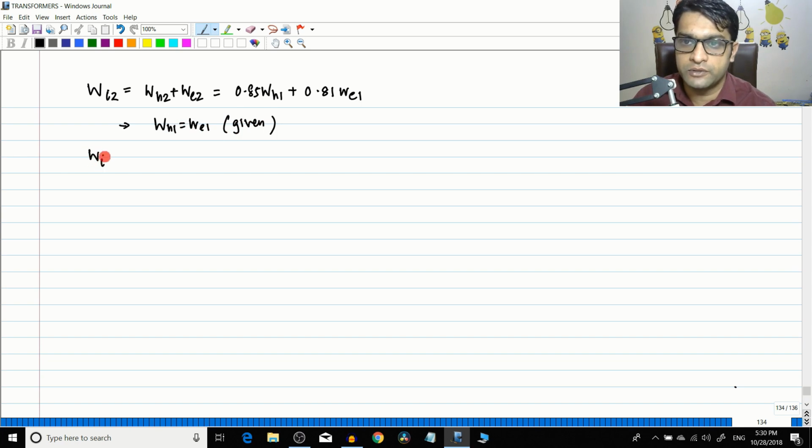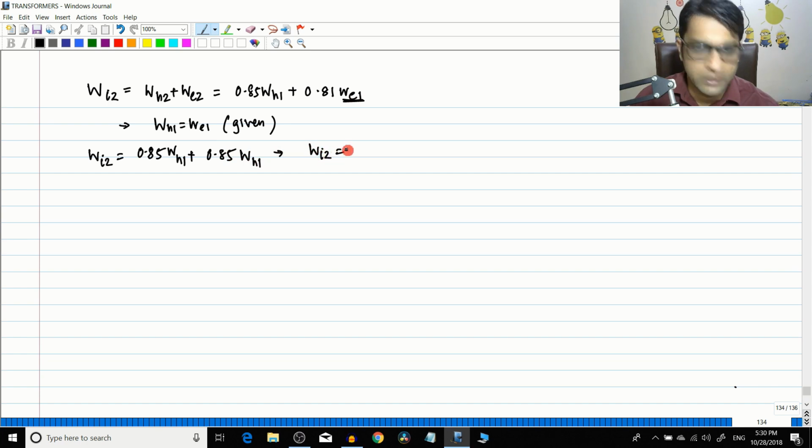So that we can substitute here so that we will get everything in terms of one particular value. So I will write it in terms of WH1. This will be 0.85 WH1 plus 0.81, and instead of this WE1, I will put WH1. So Wi2 will be equal to 1.66 into WH1. And what was the Wi1 value?